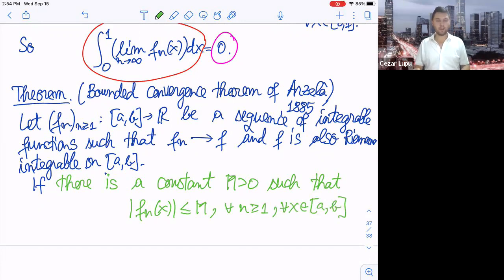Then indeed we can pass the limit inside the integral.